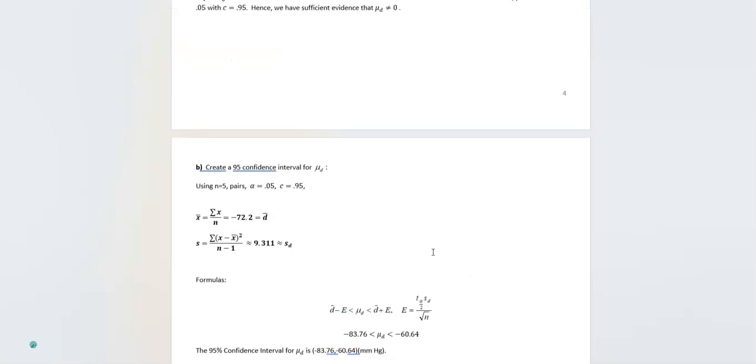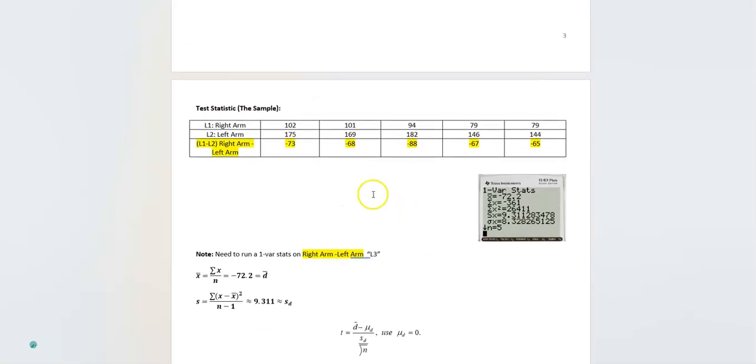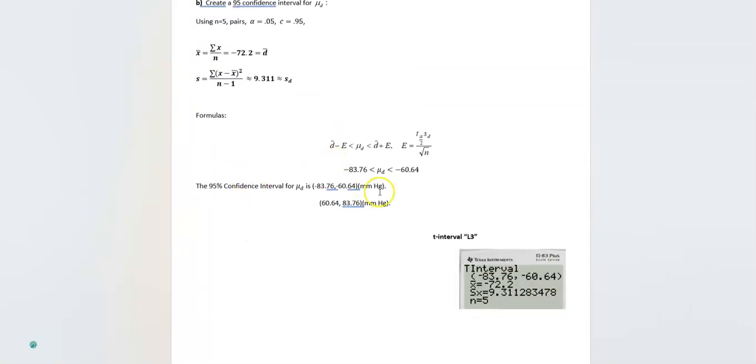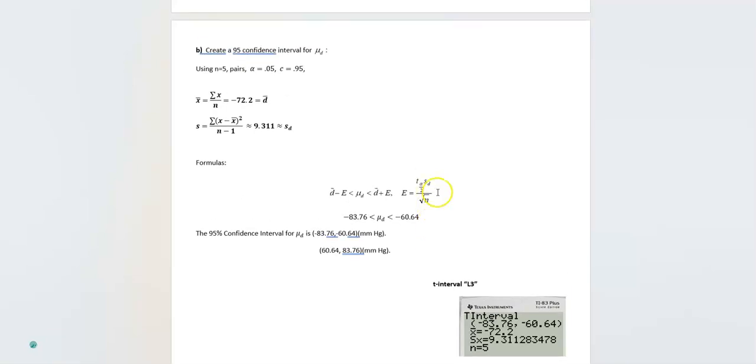Now that's because they're actually saying on average how large do you expect these differences to be, meaning for the population the first measurement minus the second measurement, and in this case the largest this can be is from negative 83.76 to negative 60.64.